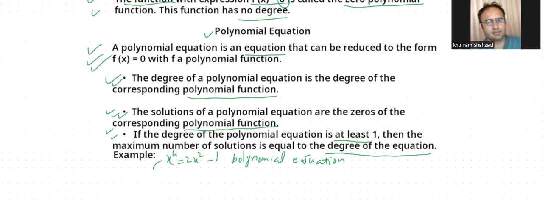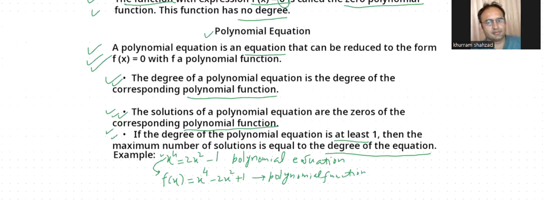If you take some f of x is equal to, you have to take 2x square and negative 1 to the left side of this equation. So what will it become? x raised to power 4 minus 2x square plus 1. So this is a polynomial function.